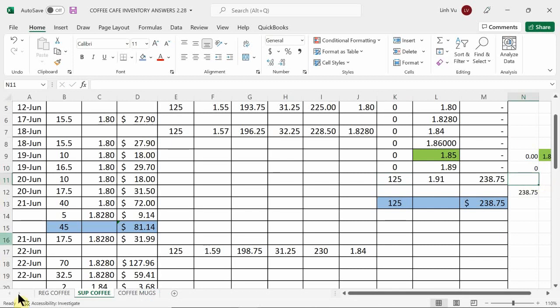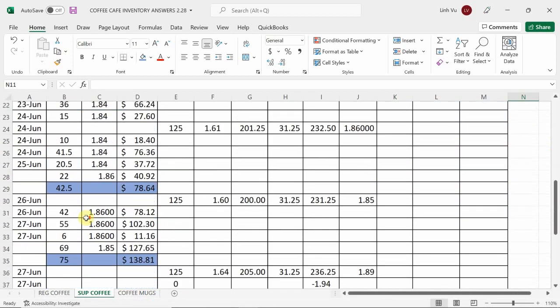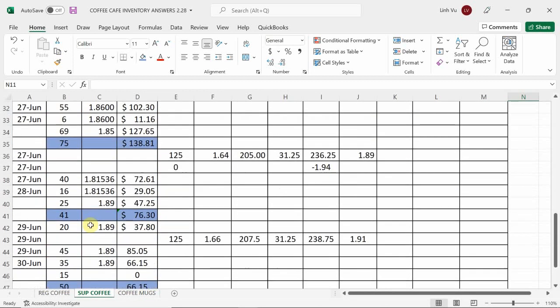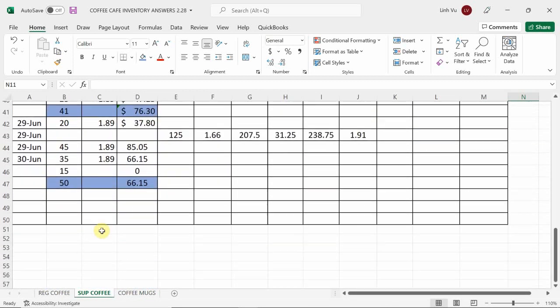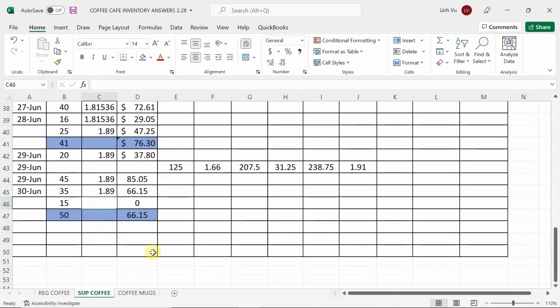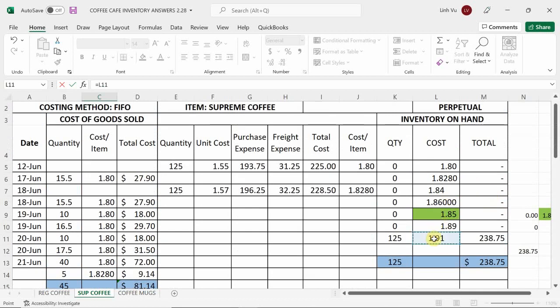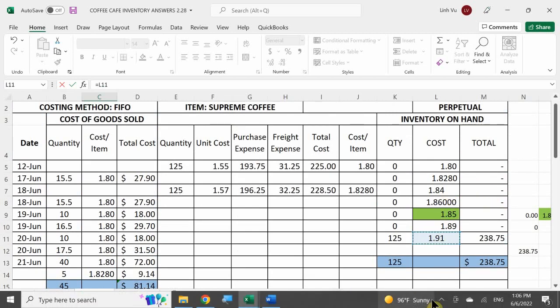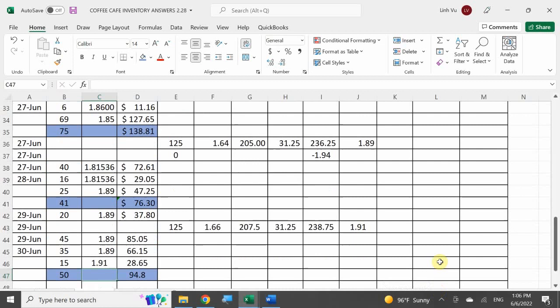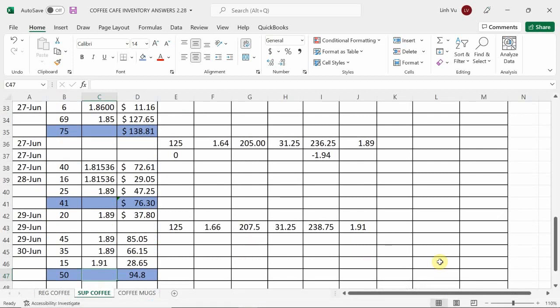Therefore, I need to calculate what 15 pounds is going to equal. So 15 pounds, let's see what the cost per item for this batch is. 15 pounds at $1.91 is going to give me a grand total of $28.65.